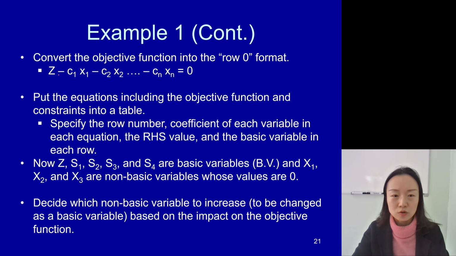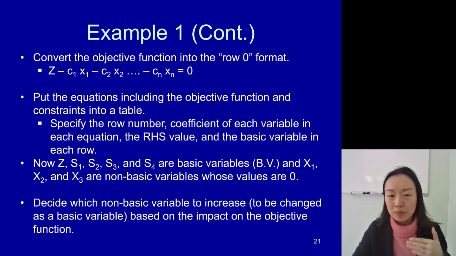z subtract those numerical values multiplied by x equals 0. And we put equations, including the objective function, in this format into a table. Okay, and so for the objective function and all the constraints changed into equations, we will have their coefficients, right? And we'll have their right hand side.